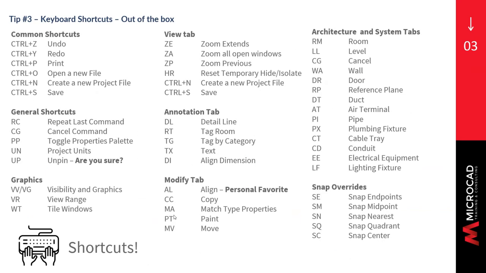Right now you can see the out-of-the-box keyboard shortcuts from Revit. Depending on your specialty, you are going to use one or more of them. I just want to bring up two. One that I would like you to avoid is the unpin shortcut. I mean, do you really want to unpin your reference model?